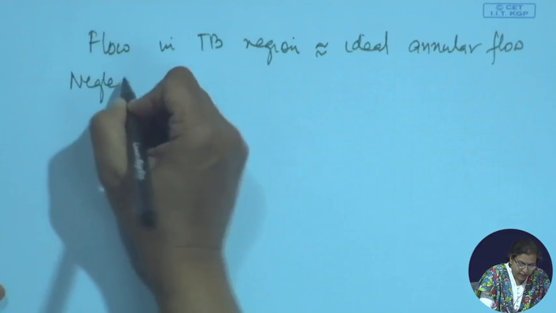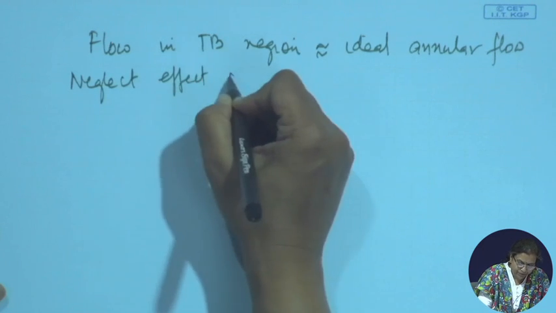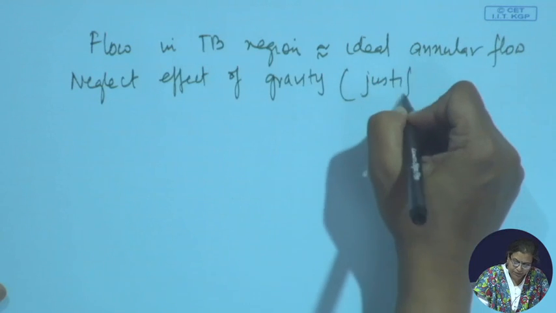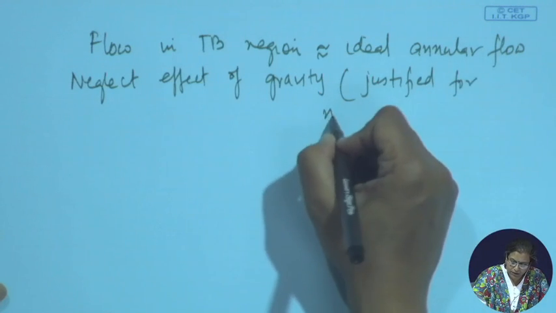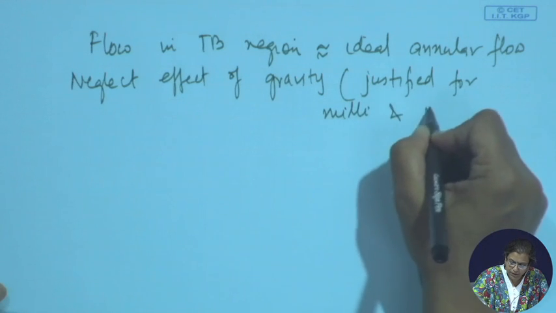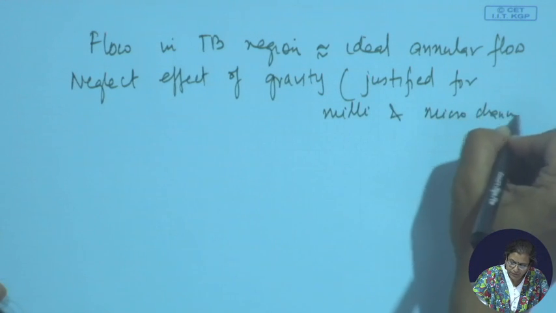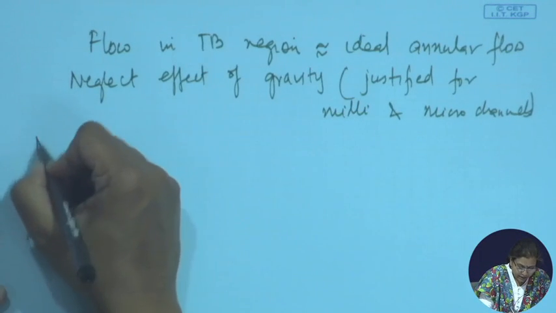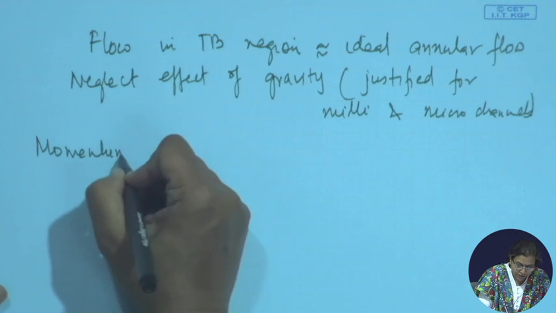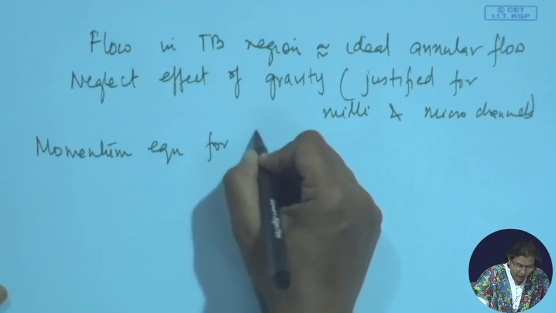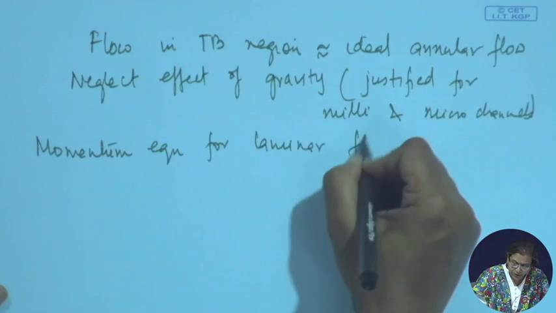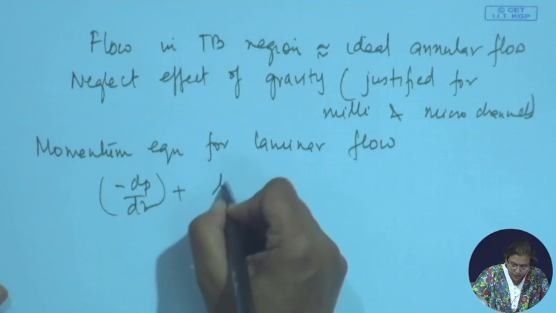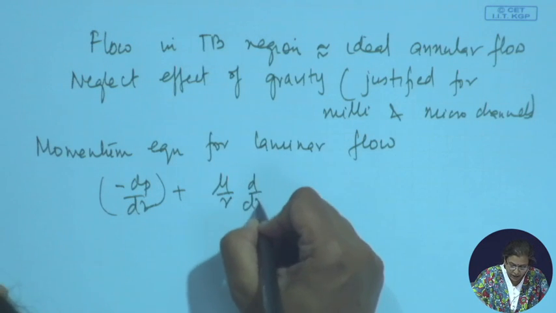and we neglect the effect of gravity. This is definitely justified for milli and micro channels. So, naturally, if we can neglect the effect of gravity, then the momentum equation for laminar flow of any particular fluid can be written down as minus dP/dz plus μ/r d/dr of (r du/dr) in cylindrical coordinates.